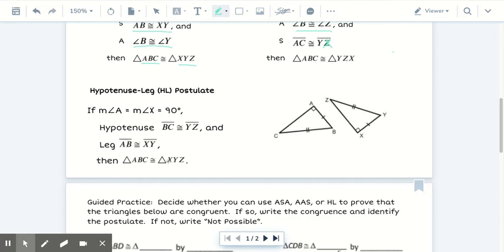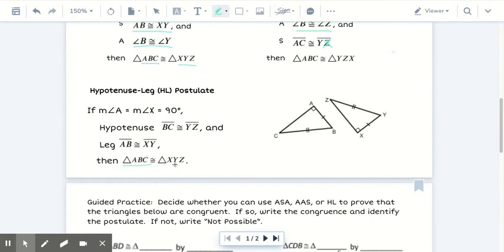They are across from the right angle. That's important. The leg, AB, they tell us is congruent to the leg XY on this one. So therefore, since we have right triangles and we know the hypotenuse is congruent on the two triangles and one of the legs is congruent on the two triangles, we can say the two triangles are congruent.